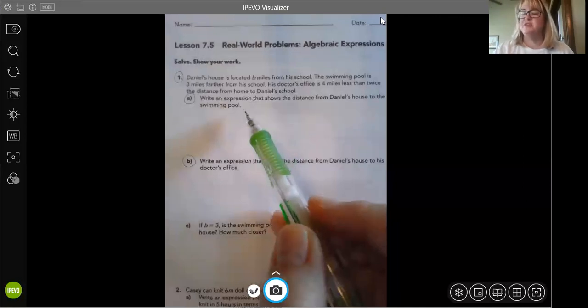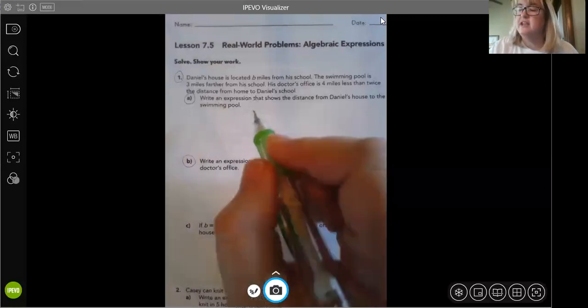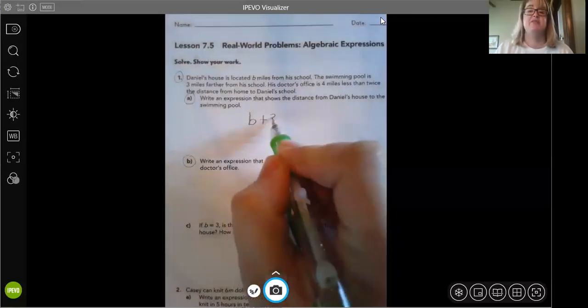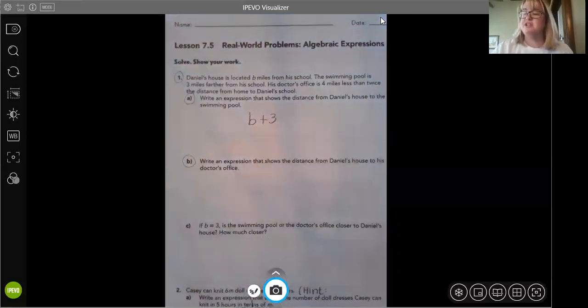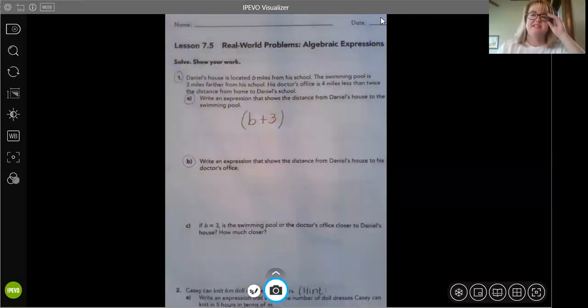The distance from Daniel's house to the school is B, and then he has to go 3 miles farther, so we have to add 3 to that. So the expression is B plus 3. The parentheses, you don't have to have them, but they're nice to have. It represents that it is a group. It goes together.